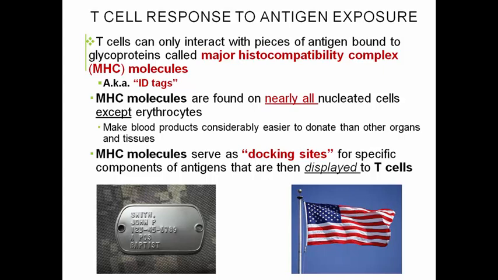And again, I describe them as like flags that mark our cells. So those MHC molecules are on all nucleated cells except erythrocytes, because we know erythrocytes lose their nucleus and their organelles. So this makes blood products easier to donate than other tissues like the pancreas or the kidney tissues because of the MHC proteins on our self cells.